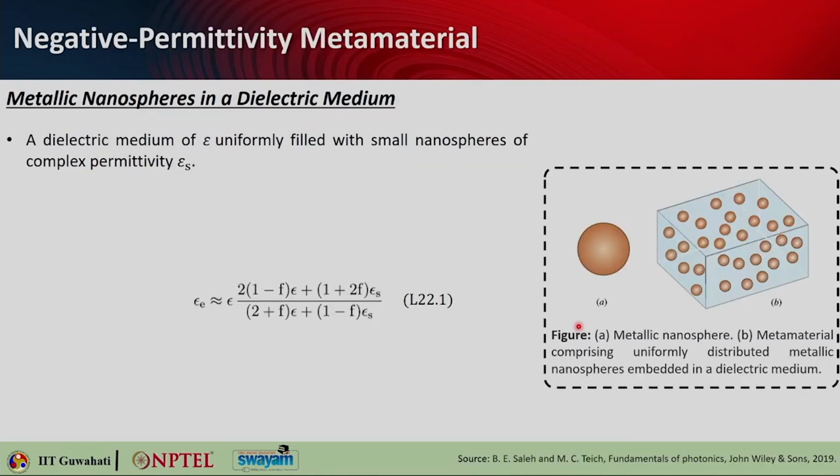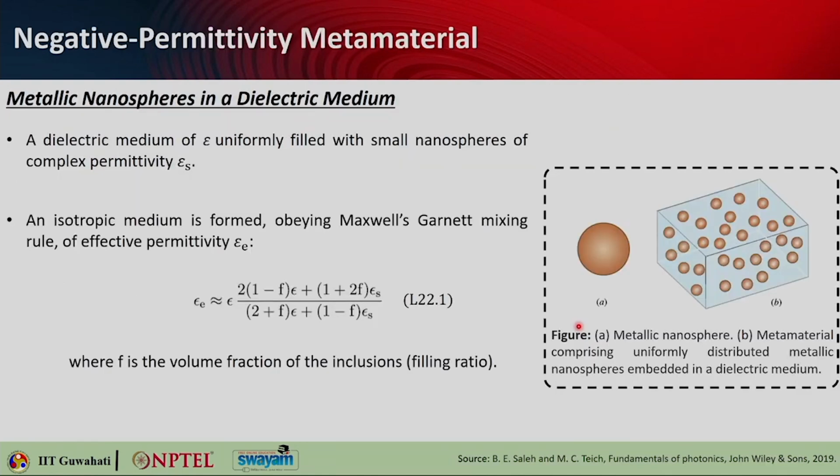Now let us look into how we create negative permittivity metamaterials. It means we are now trying to create some artificial metal. The first system that we will talk about is the case of metallic nanospheres in a dielectric medium. You take metallic nanospheres of any known metal, say gold or silver, and put them in a dielectric medium.